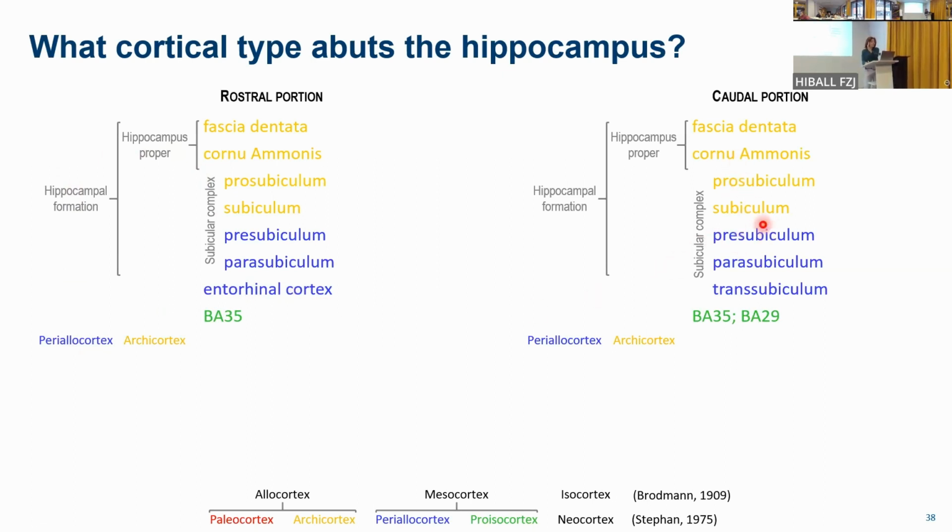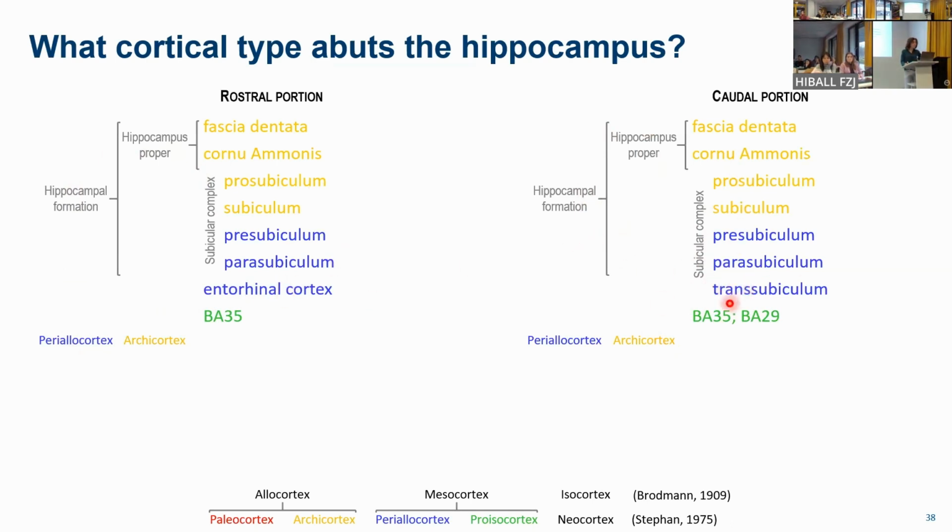Caudally, you would again have to say that the hippocampus proper shares a border with the archicortex, and that the hippocampal formation shares, I'm sorry, I should have changed this. At the back here, we don't have entorhinal cortex.